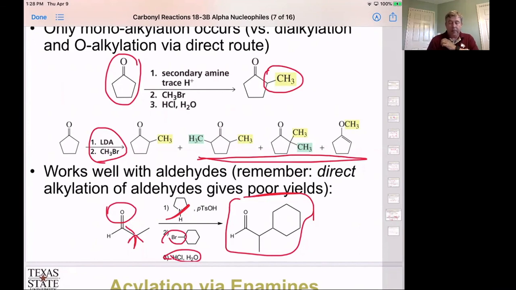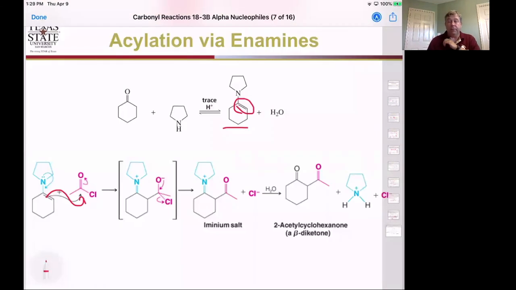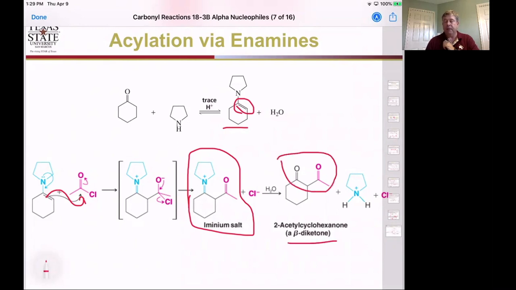Once we form that, we have it attacking our acyl halide, and then chlorine kicks out from the reaction, generating our enamine salt here. Then once we hydrolyze that enamine salt, we end up with a beta diketone by just perfectly adding a single acyl group to it. So that makes it really synthetically useful.